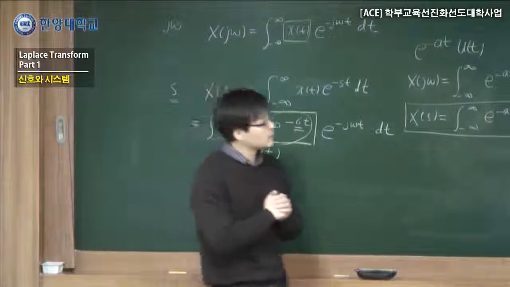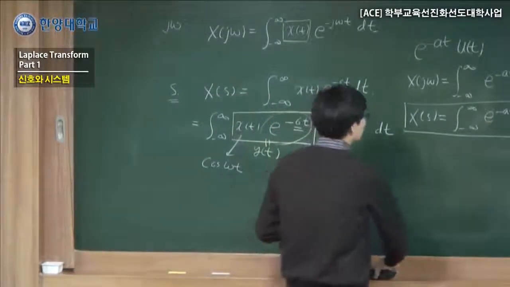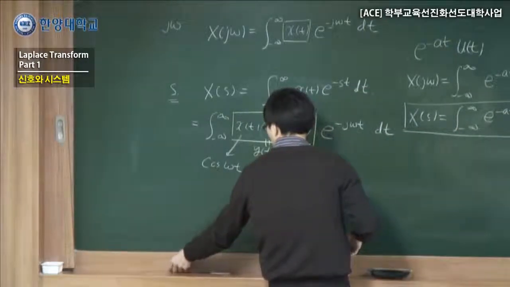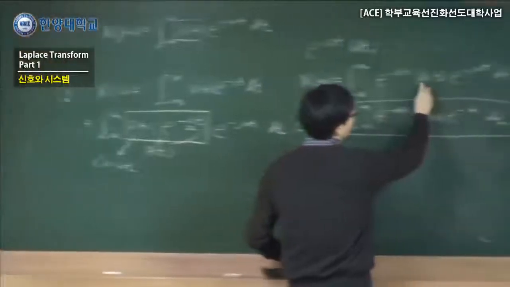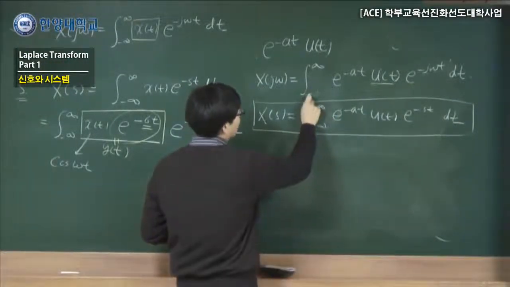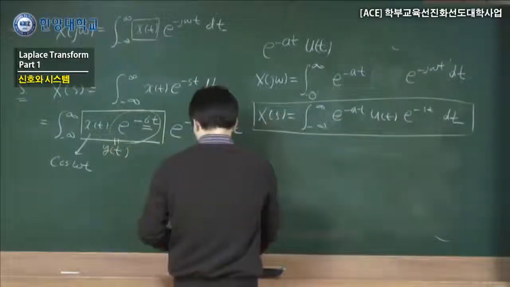So let's try to solve the Fourier transform. How do we start? There is u(t) over here, so the integrand is not zero only for t higher than zero. So we move that, and we calculate.